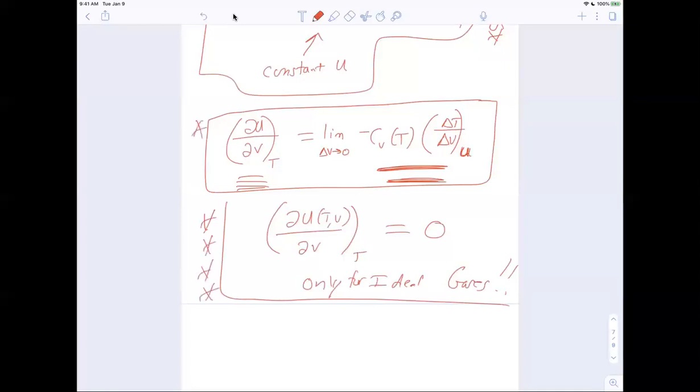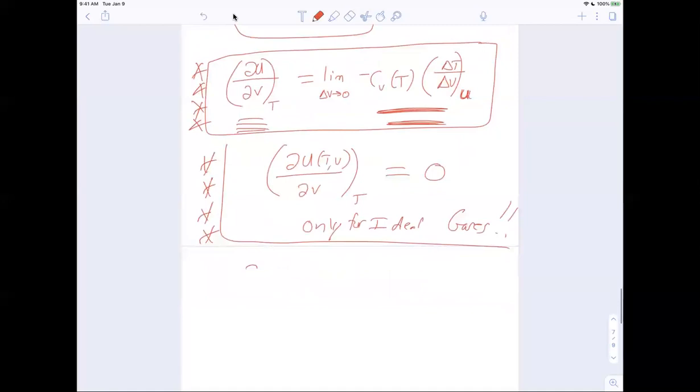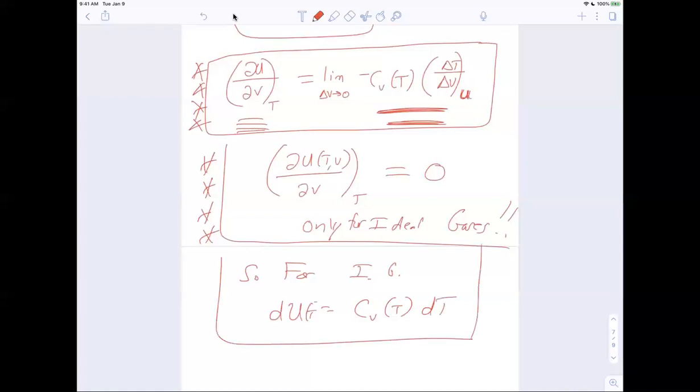So for ideal gases, dU is equal to CV dT only, and so U is a function of T only for an ideal gas.